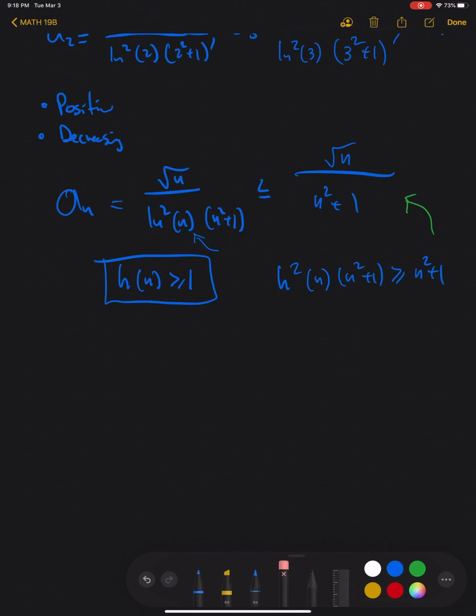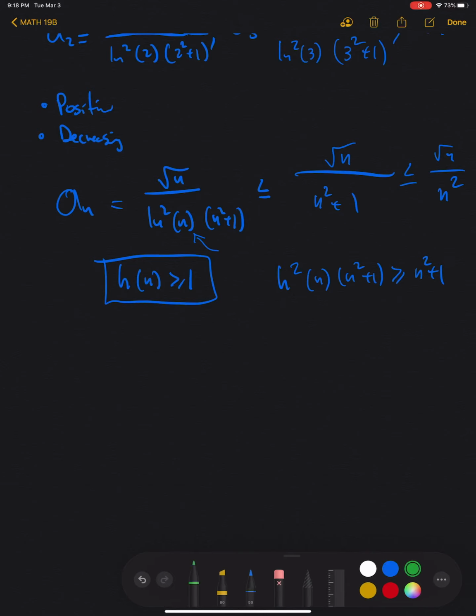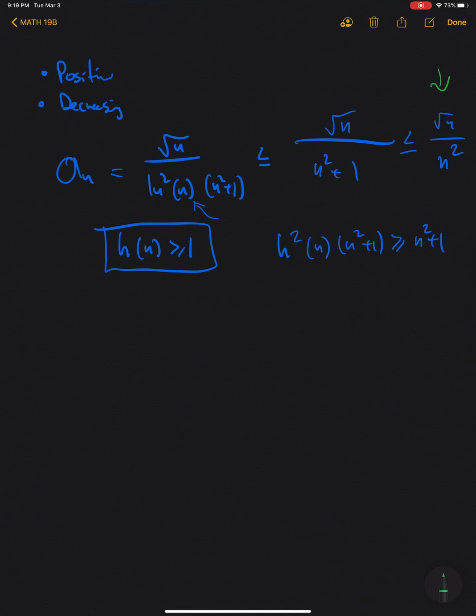So now I can remove the plus 1, and that will give me an even bigger fraction, because the denominator becomes smaller. The expression that I end up with is nice because it turns out to be a power. It becomes n to the 1/2 over n squared, which is nothing else but 1 over n to the 3/2. This is a p-test.